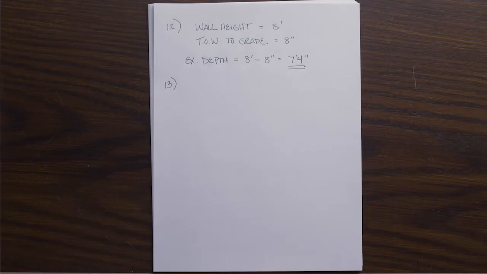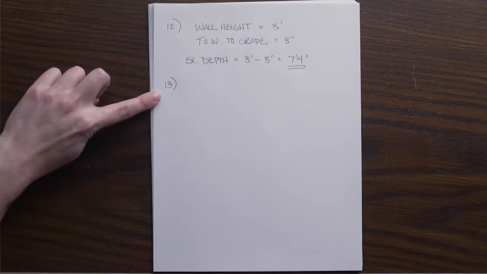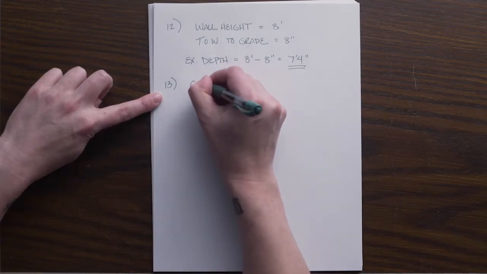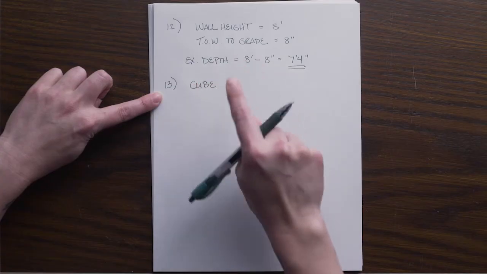Number 13 is the volume of foundation system below grade. Number 8 is where we calculate this in the trench example, and we had to do a lot of steps to figure out the volume of the walls and the footer. It's actually a lot easier when we're doing our basement excavation, because it's essentially just a really big cube that we have to calculate.